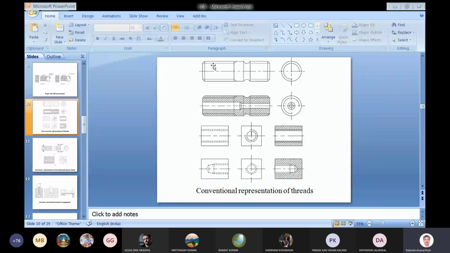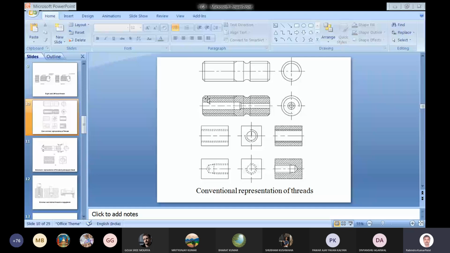And when we draw a side view of the external thread, two concentric circles will be there. The internal circle will be shown broken in case of the external thread. And in the second figure you will see this thread has been shown in section.